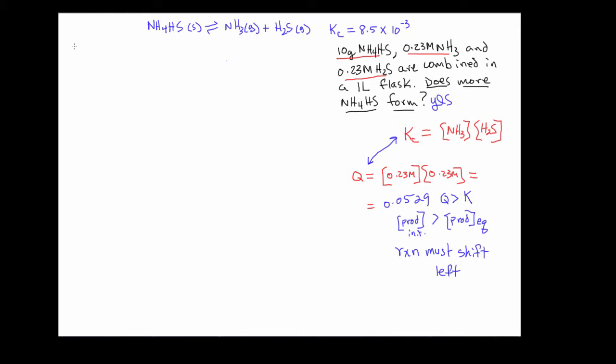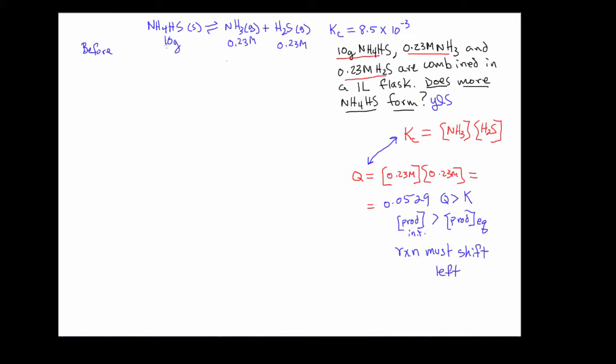what we'll do next is set up our ICE table, or in my classroom I call it the box. So before any reaction, we've got 10 grams of this material here. We've got 0.23 molar of the NH3, and we've got 0.23 molar of the H2S.